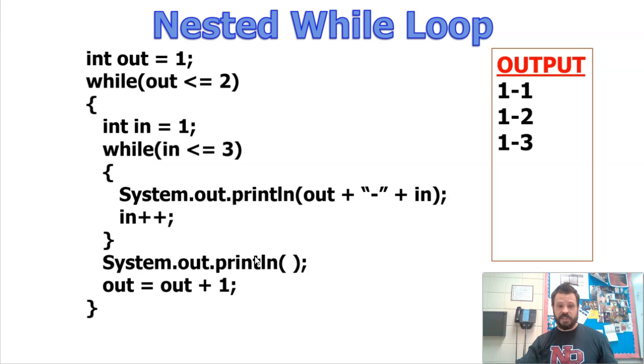So we will print a space, count up the out variable, and run through the outer loop a second time, and we'll get that 2 dash 1. 2 for the value of the outer loop, 1 for the reset value of the inner loop, 2-2, 2-3. And at that point, our simple program here is done. We ran through the inner loop a second time. Out goes up to 3. That's not less than or equal to 2, so we'll move on with our code there.